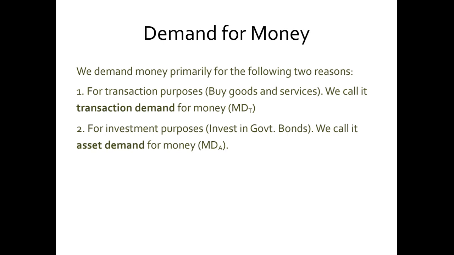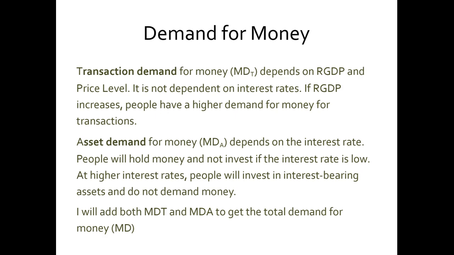So you don't want to keep money for investment purposes. If you're not buying bonds and you're waiting, it means you are demanding more money for buying assets. Let me clarify this in the next couple of slides.